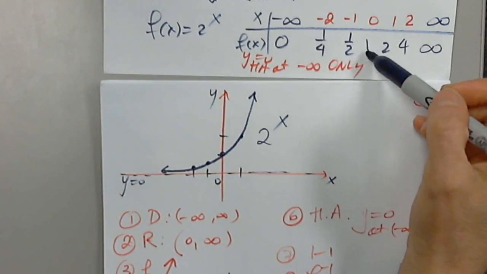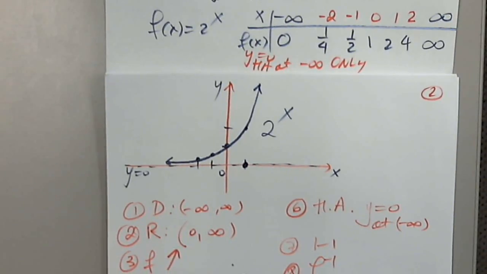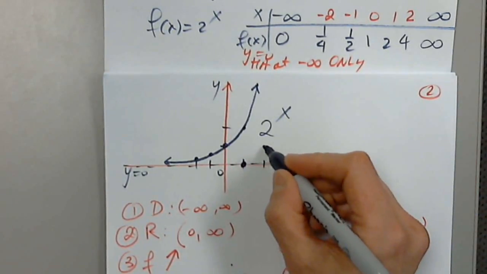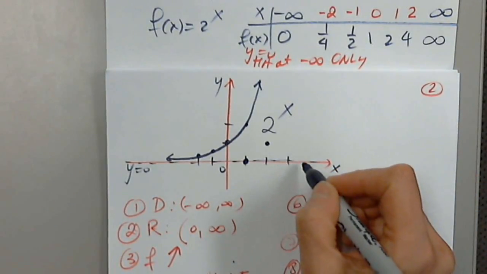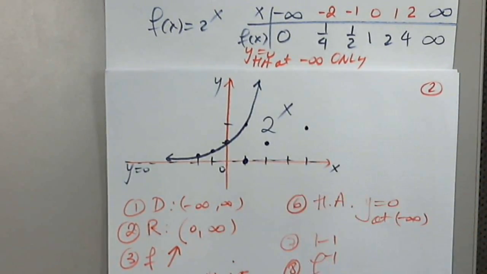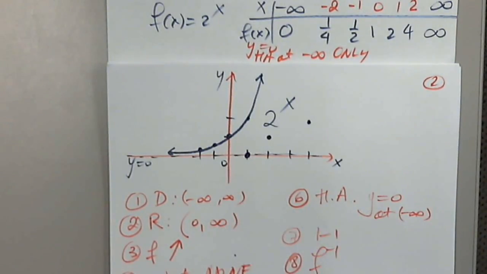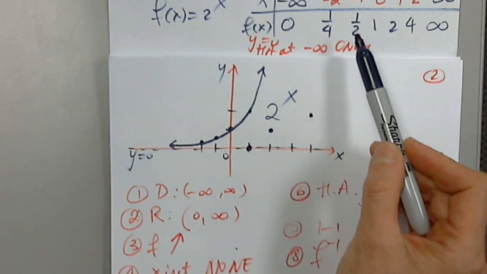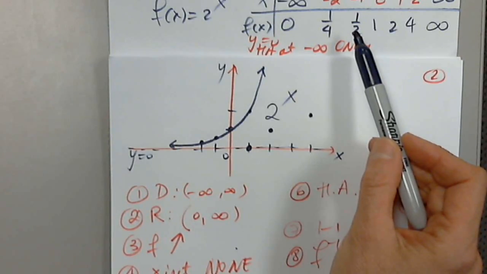Very good. 2, 1. 4, 2. I also need something here between 0 and 1. I think this is actually a radical function, the inverse.